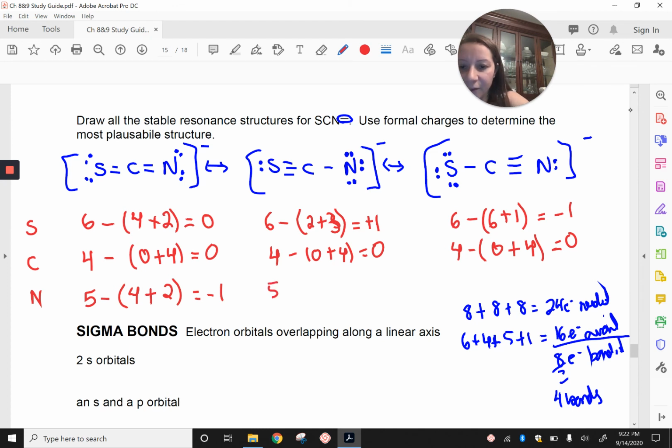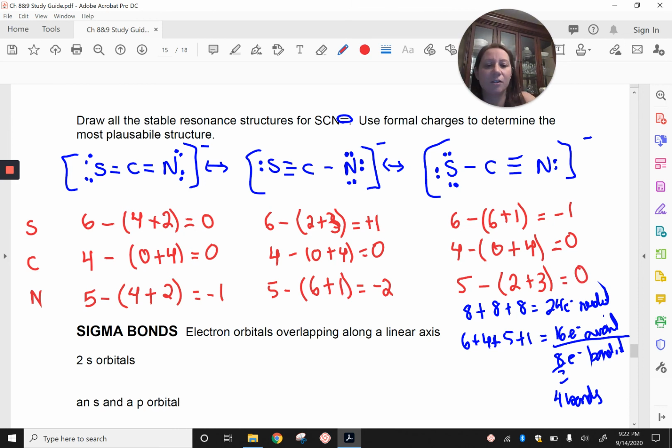Nitrogen has 5 valence electrons minus, we have 6 electrons in lone pairs plus 1 bond. So 5 minus 7 is negative 2. And then here, 5 valence electrons minus 2 electrons in lone pairs, and then 3 bonds. 5 minus 5 is 0.